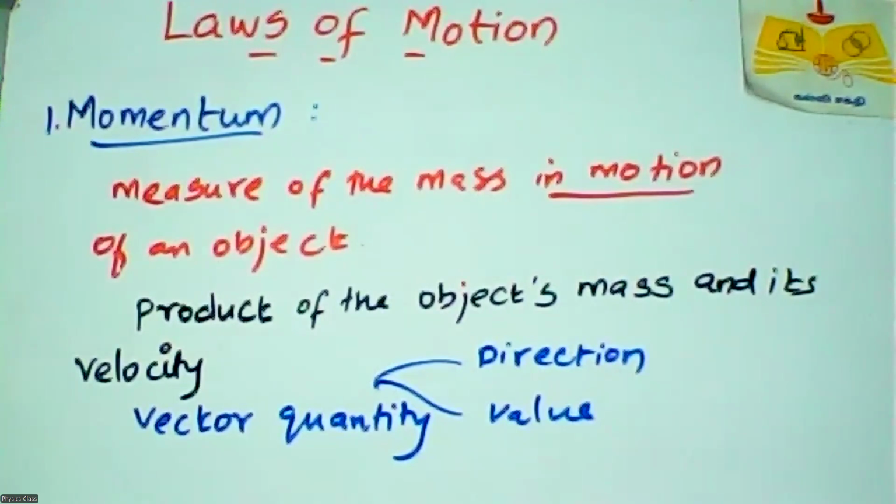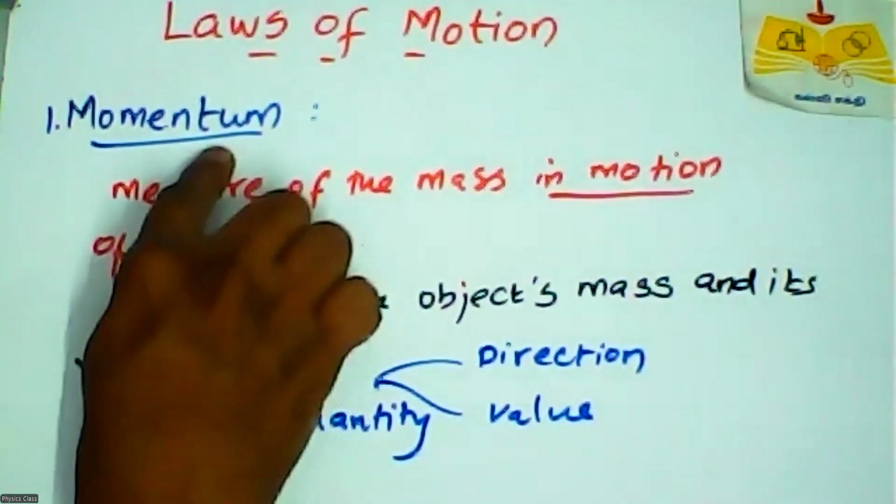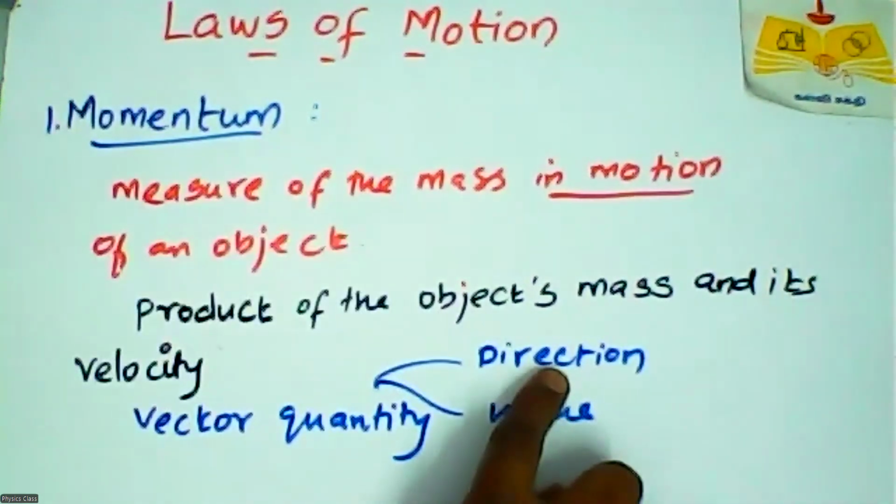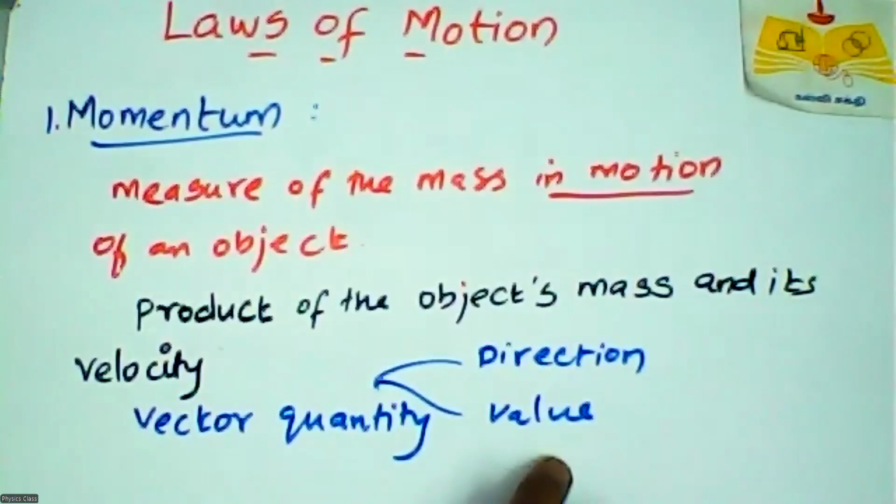A scalar quantity has only magnitude, not a direction. So momentum is a vector quantity. That means it has both direction as well as value. Value means magnitude.